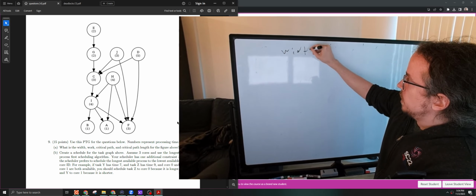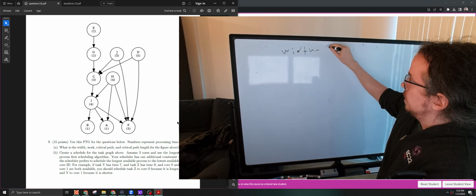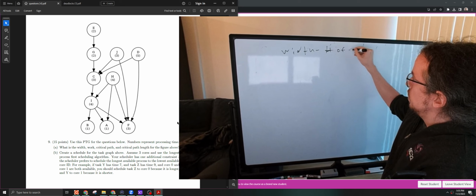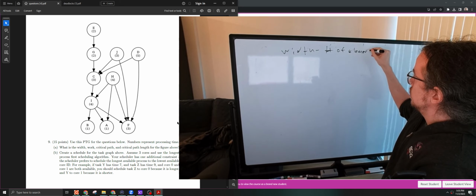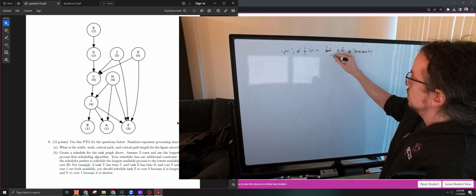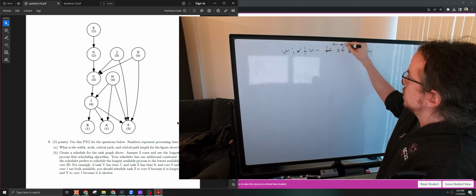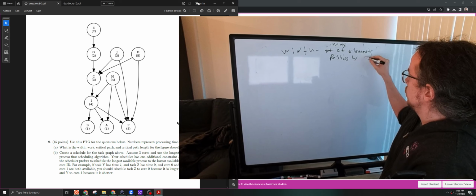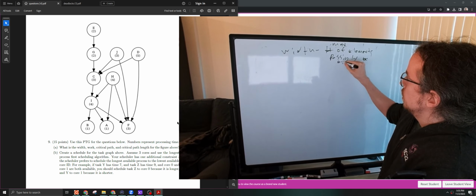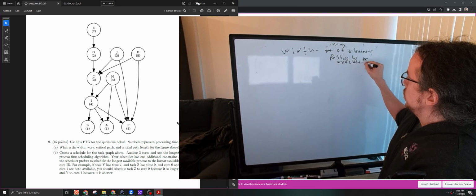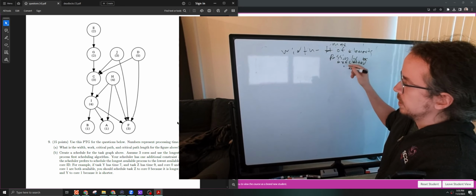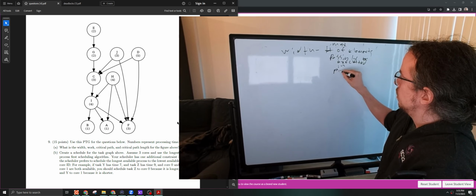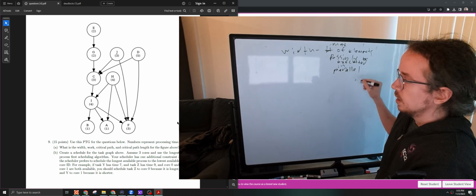So real quick, the width is the max number of elements that could possibly be executed in parallel. Well, how do you know they can be executed in parallel in your PTG?